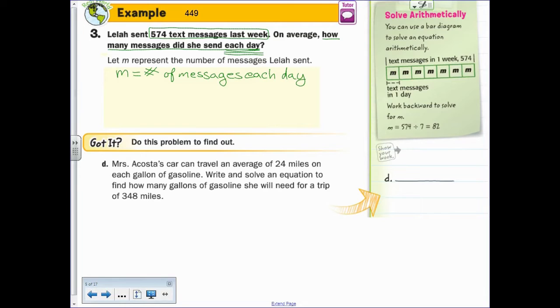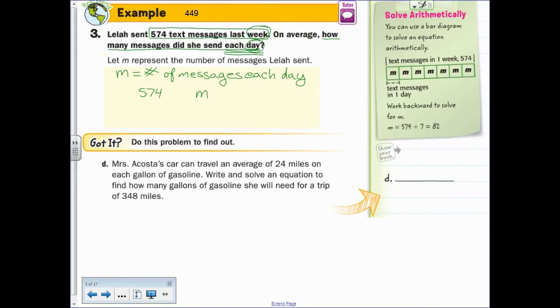So she sent 574 text messages last week. So if she sent 574 last week, and we want to know how many she sent each day, then what do you think I should do to the number of messages each day to get 574 for the week?